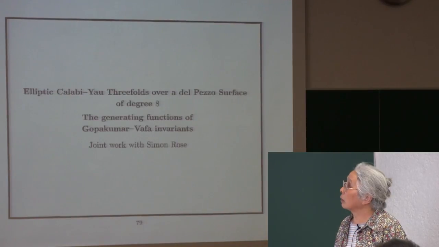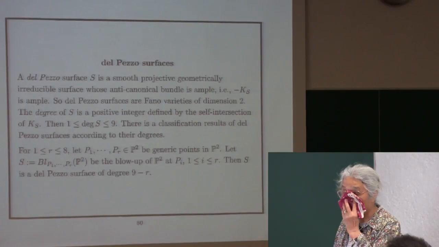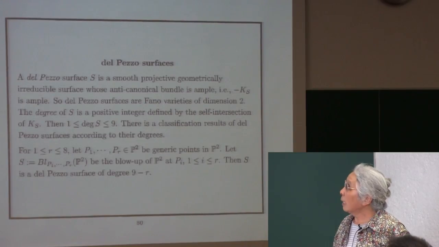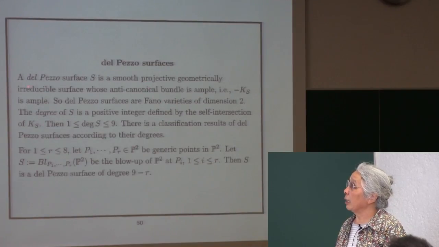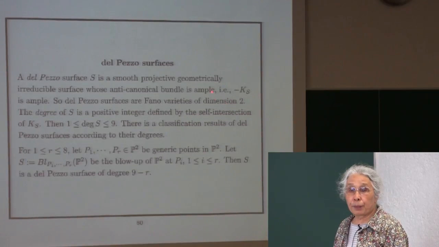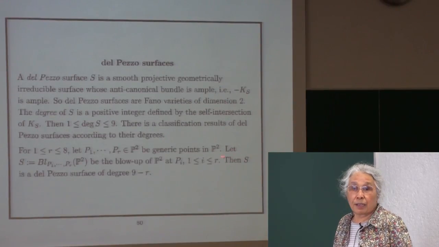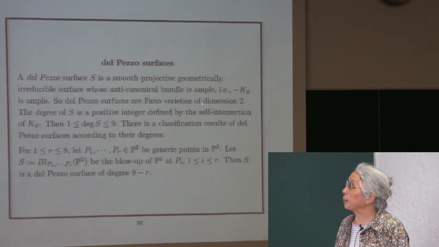Okay, so what are del Pezzo surfaces? A del Pezzo surface is a smooth projective geometrically irreducible surface whose anti-canonical bundle is ample. So minus K_S is ample. This is a Fano variety of dimension 2.